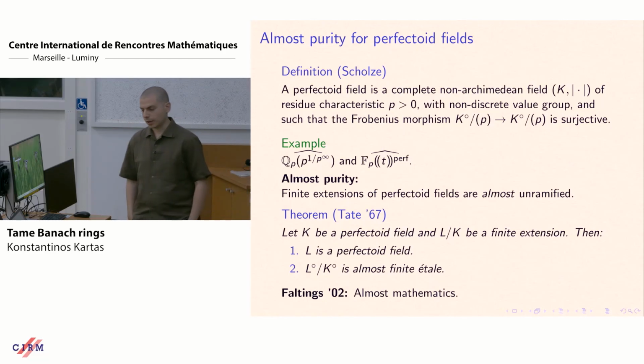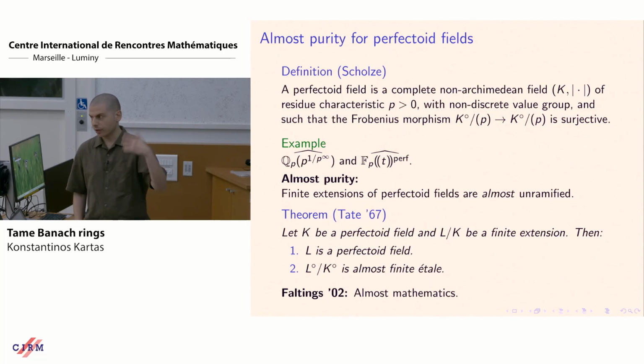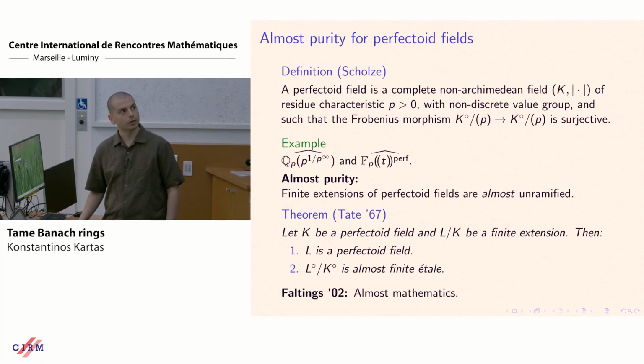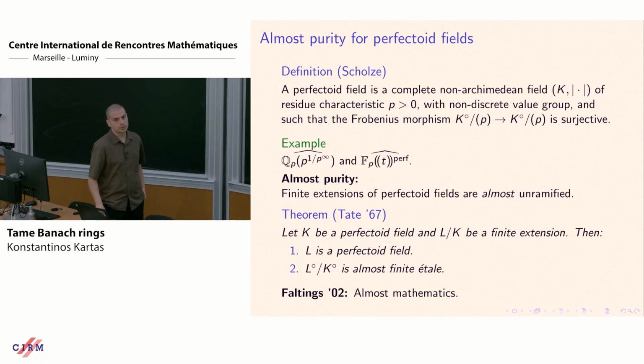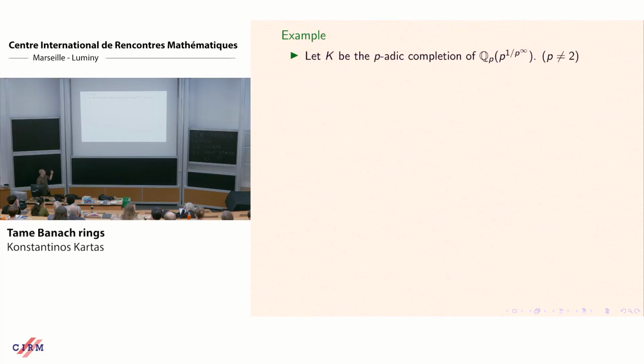This is a bit technical, but actually the idea is extremely simple, and now I'm just going to explain what the main idea of almost mathematics is, and what this statement says. Let's just look at a very simple example, the example we had before, the p-adic completion of this classical field.